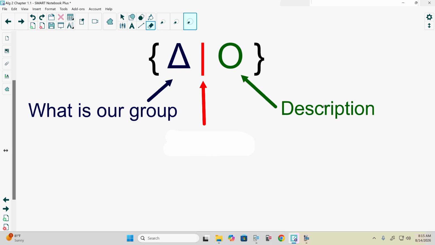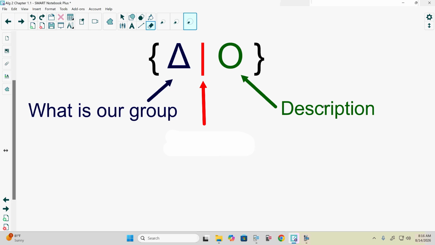And the circle side is our description. X is greater than 2. X is less than or equal to 3 are inequalities. Now, it doesn't just have to be inequalities. It can be words. X is even. X is odd. X is a prime number. X is not equal to 3. We can have anything we want there.